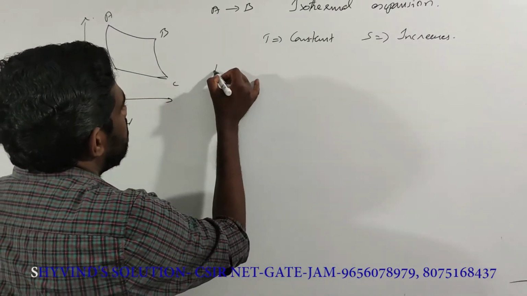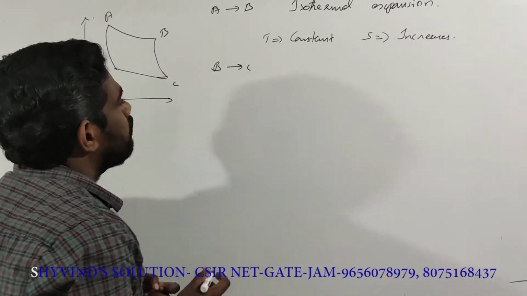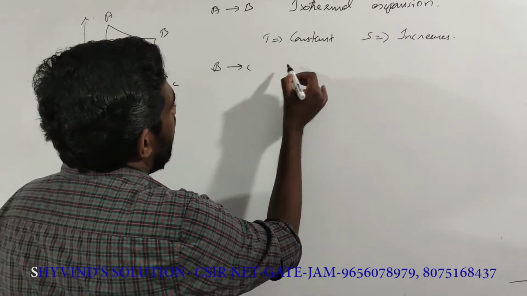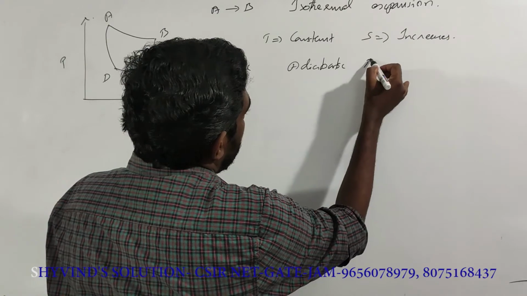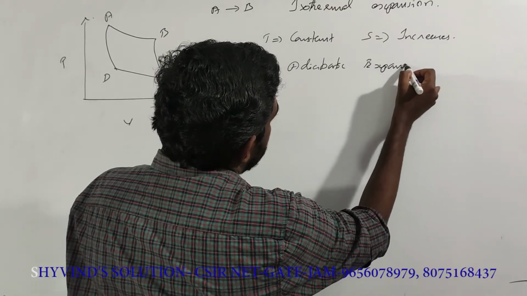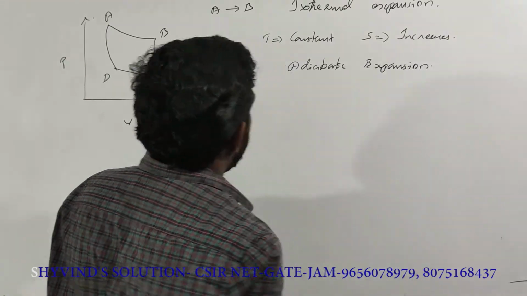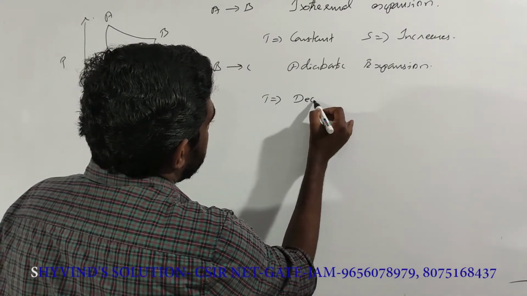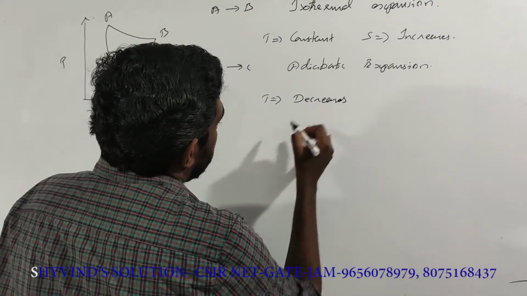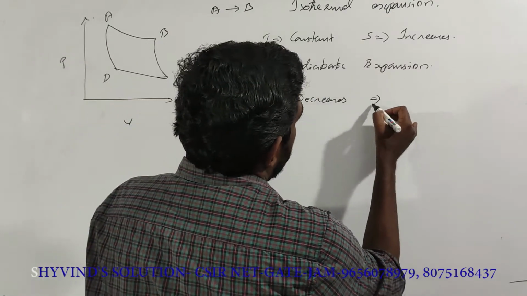Second process, B to C. B to C is adiabatic expansion. Okay, during adiabatic expansion what happened? Temperature decreases, entropy remains constant.